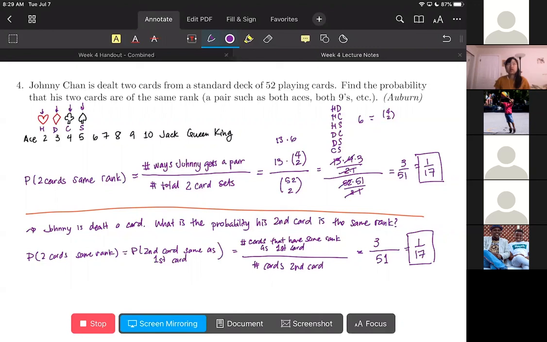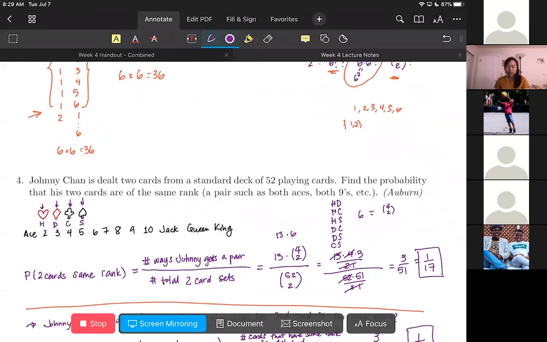So in this case, we're considering the case once Johnny has been dealt 1 card and we want to calculate the probability that the second card matches the first card. So when he's being dealt the second card, there's 51 choices for the second card. Okay, I understand. Yeah.